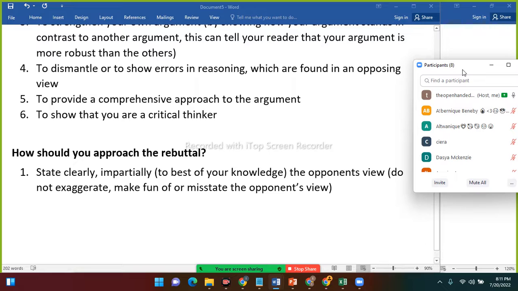So you don't want to skew, you don't want to paint their view in a light that they have not presented it. I think that's probably the best way of saying it.